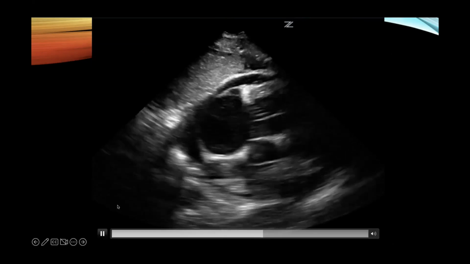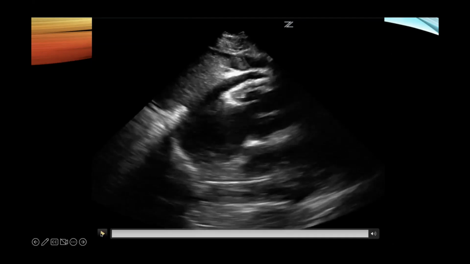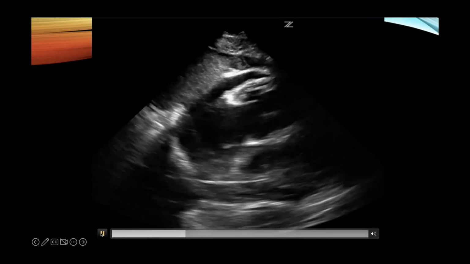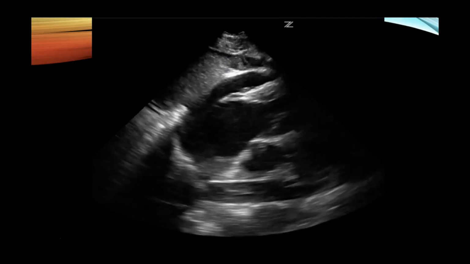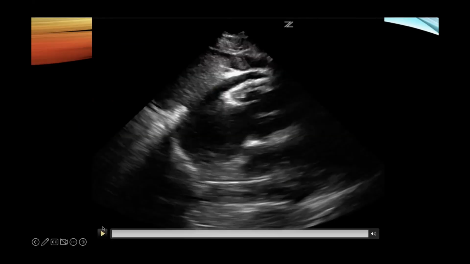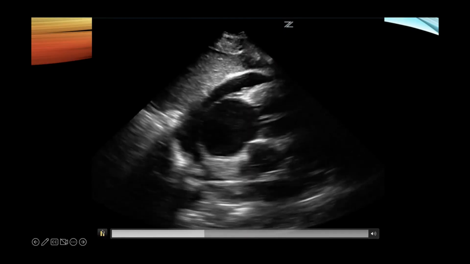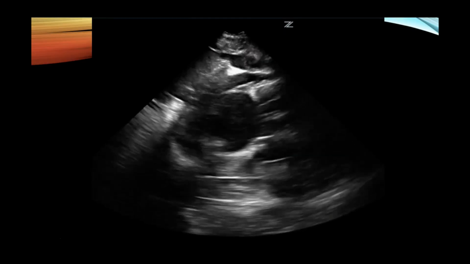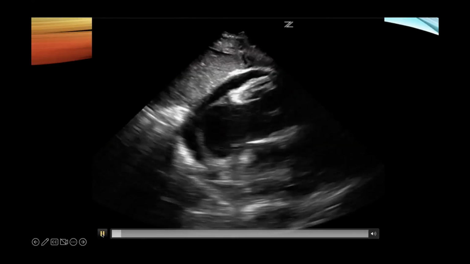And then this one's a little bit more tricky. What do you think, Chris? Well, I'm seeing fluid certainly around the heart. It looks like we're getting some diastolic inward motion of the cardiac wall due to increased pressure outside, so likely a cardiac tamponade.